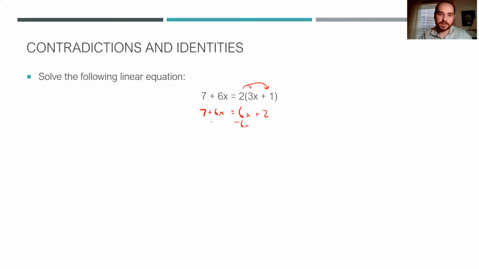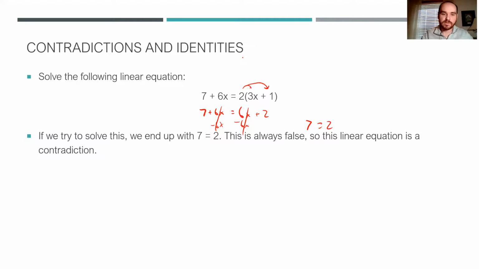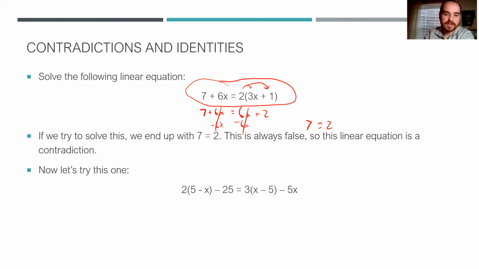If we subtract 6x from both sides, these all cancel, and we're left with 7 equals 2. This is not a true statement, so this linear equation is a contradiction. This statement right here is unsolvable. It is incorrect.